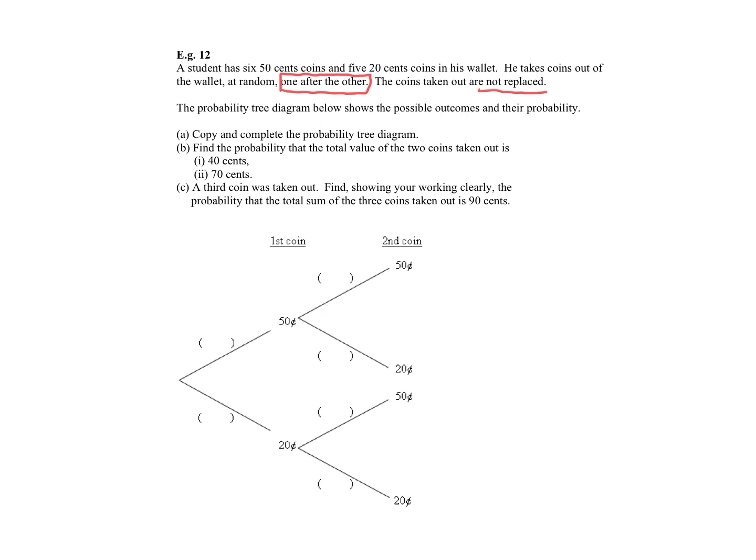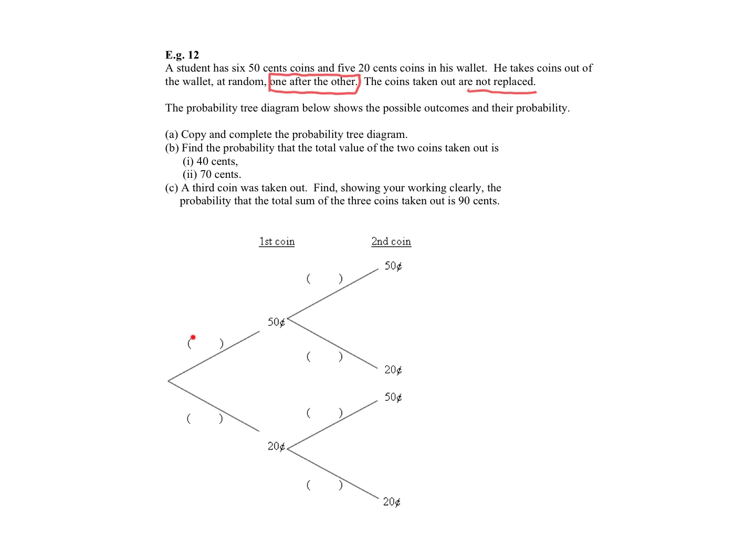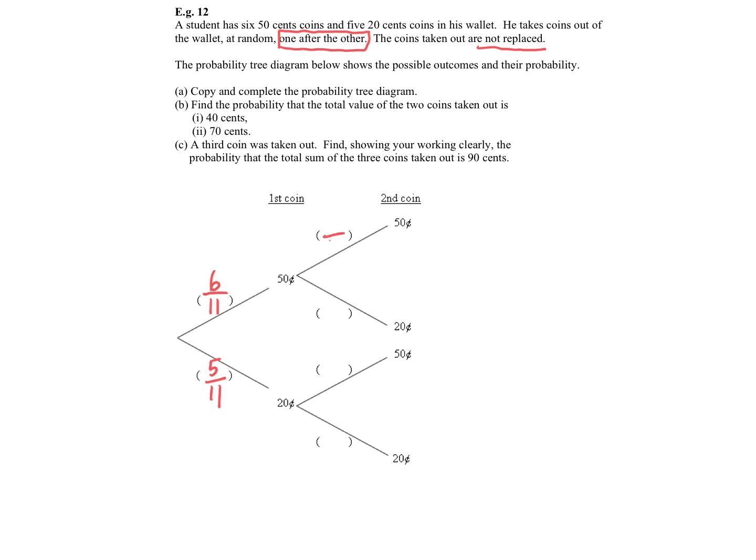So I have a total of 11 coins, and 6 will be 50 cents, and 5 will be 20 cents. So this is how I started off. Then if I pick the first one to be a 50 cent, I'm not replacing it. My second one left is 10. So all this is out of 10 now because it's a without replacement problem.